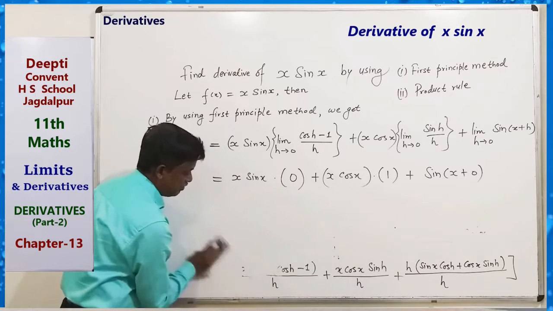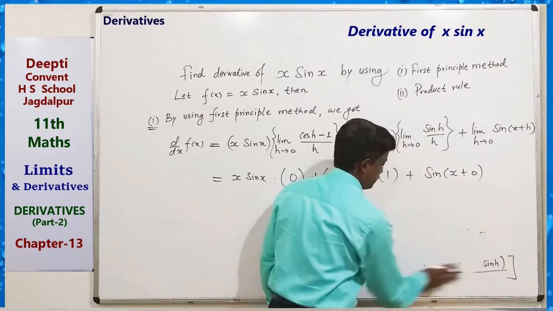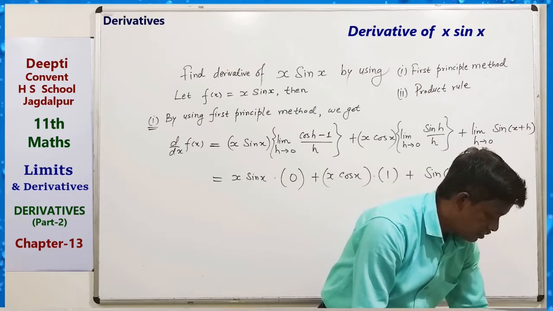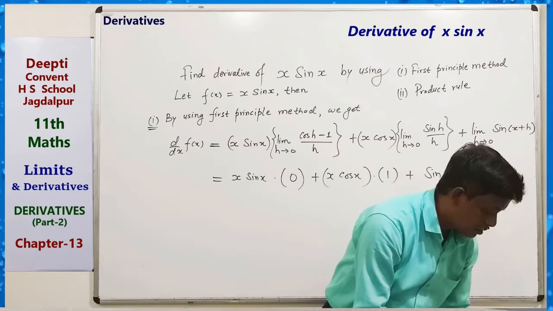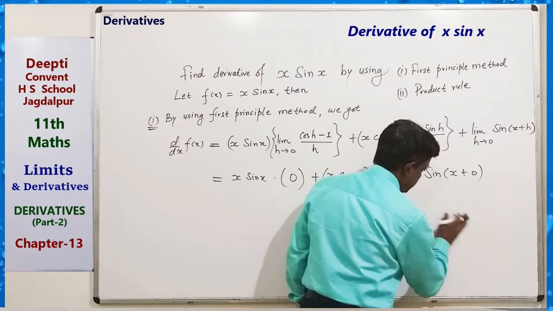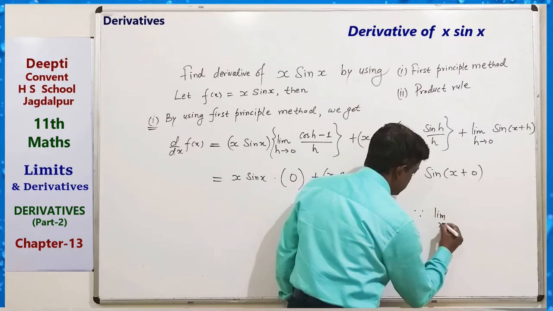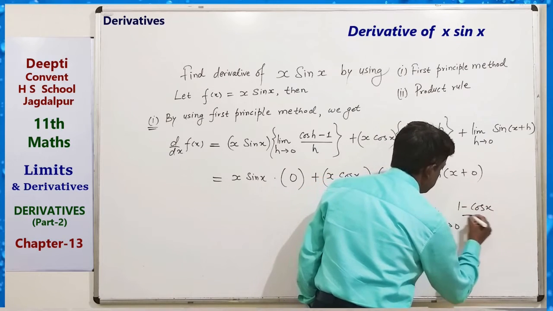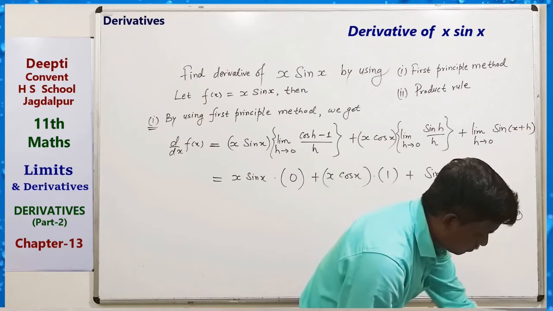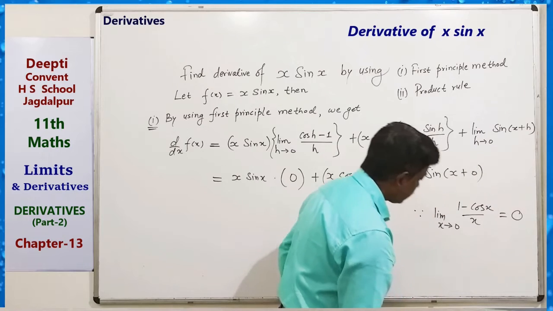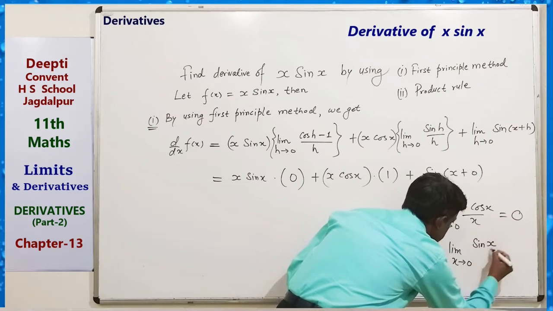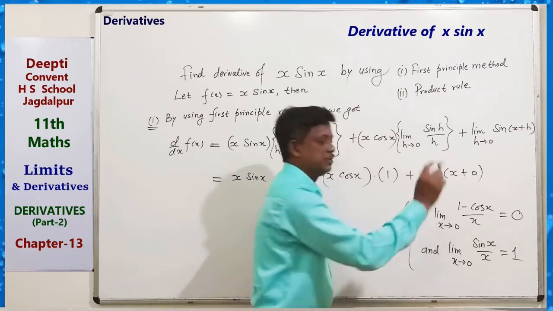Since we know that the limit as x tends to 0 of (1 minus cos x) upon x equals 0, and the limit as x tends to 0 of sin x by x equals 1.